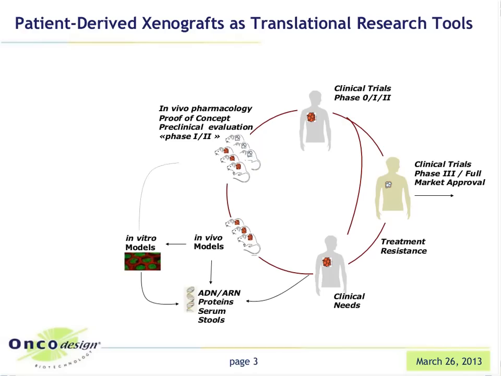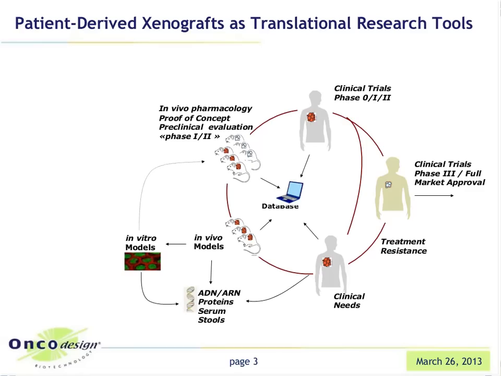The models need to be very well characterized. That's why we have a full network to collect DNA, RNA, proteins, and serums, and eventually also generate in vitro models from our mouse model collection.